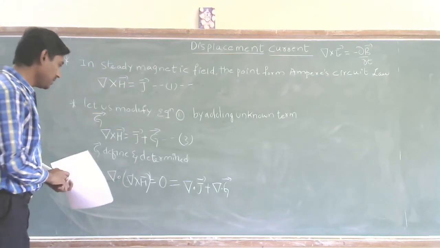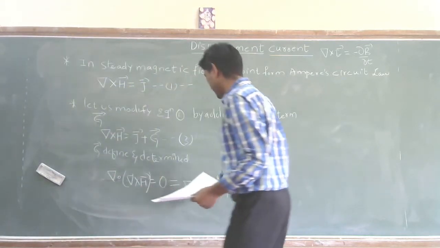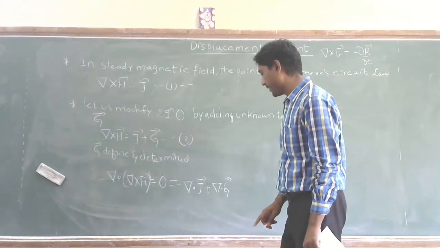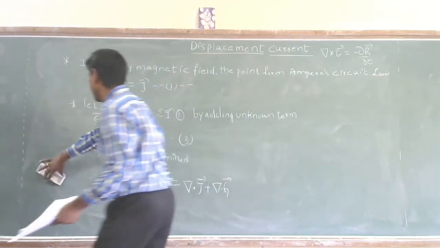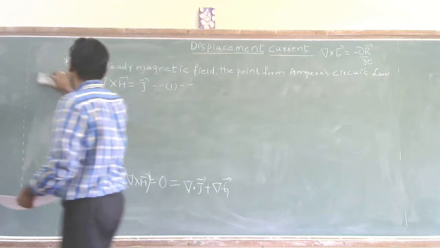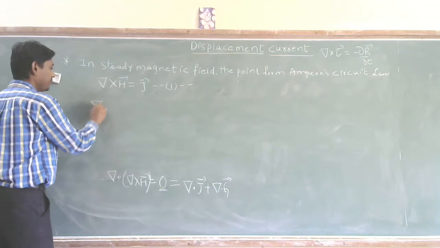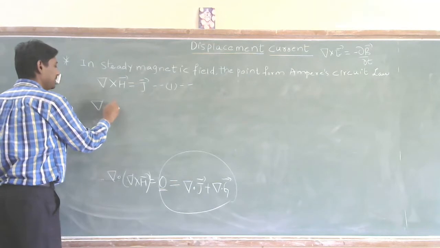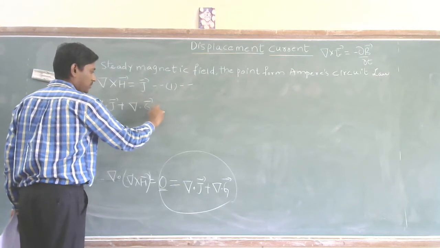Next, we know that del dot J is equal to minus dou rho V by dou t. In order to get 0, if I check from this side, del dot J plus del dot G is equal to 0.